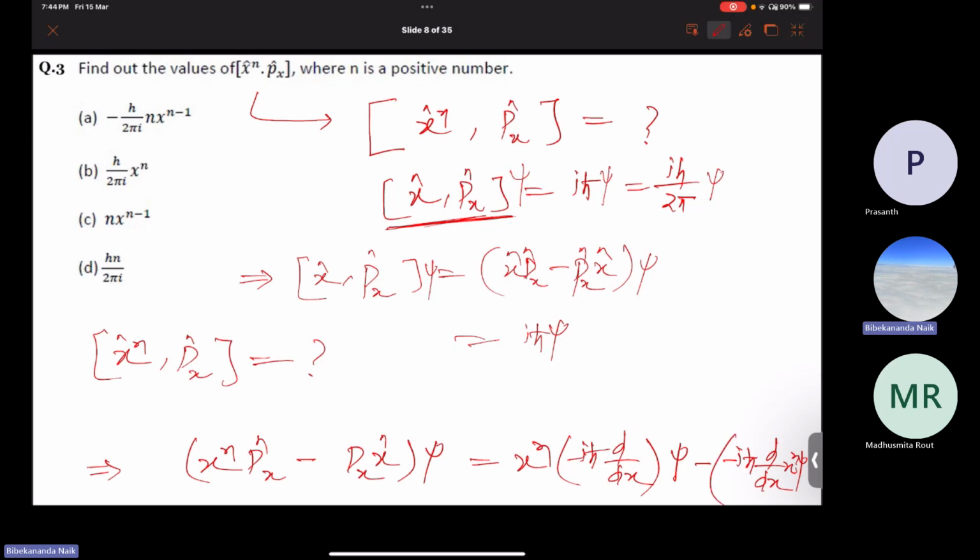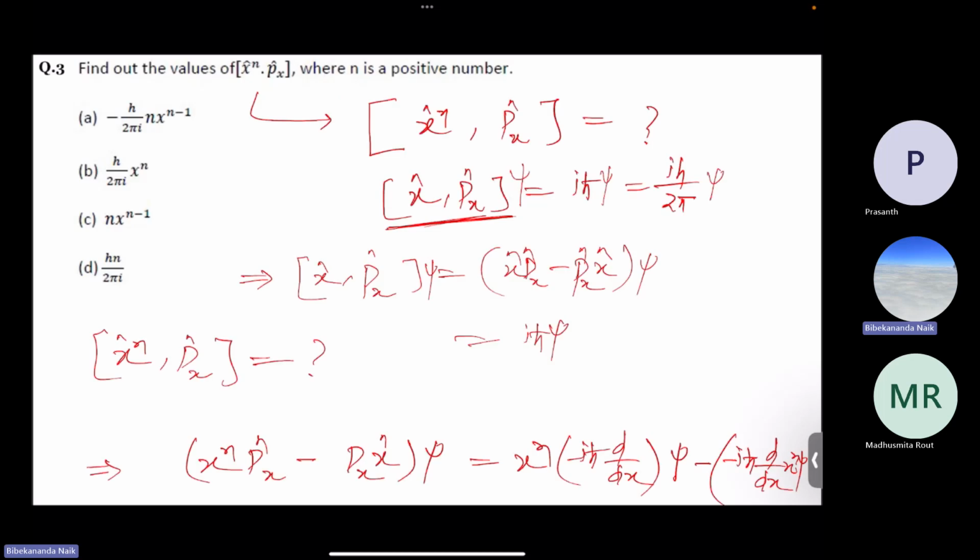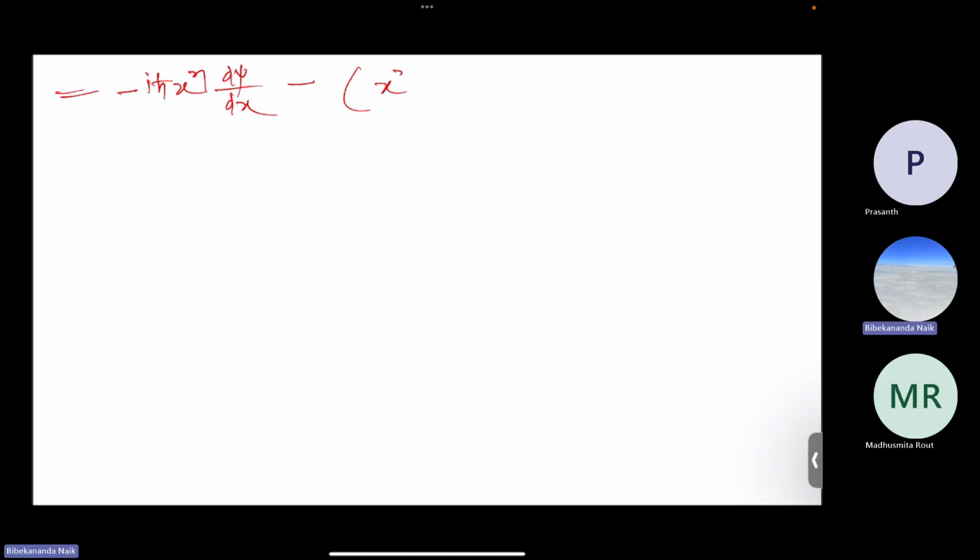But here it will be different. It will be minus i h cross d by dx of x to the power n psi. So first, if you take x to the power n outside, it will be again minus i h cross d psi by dx. Then minus i h cross d by dx of x to the power n and psi.